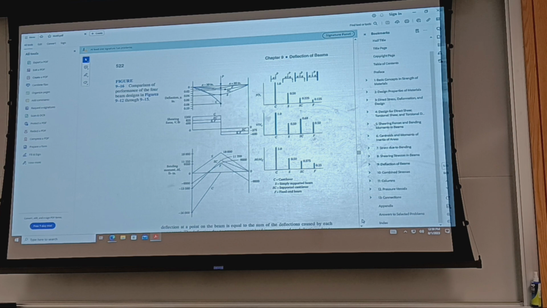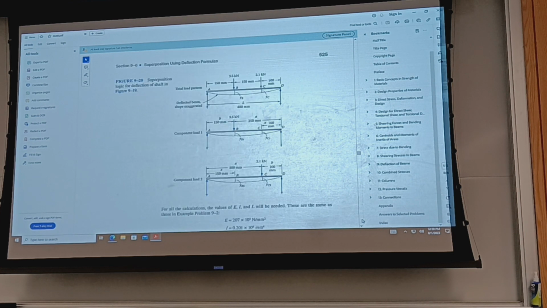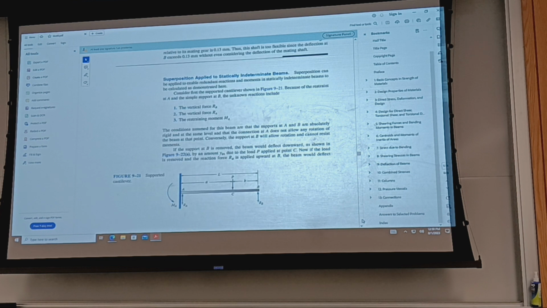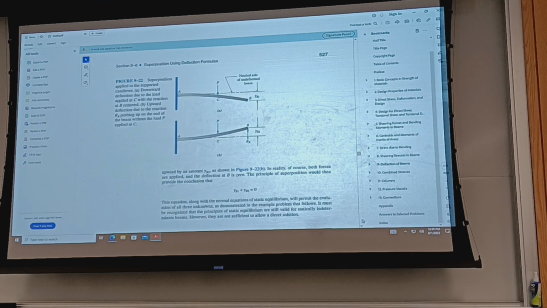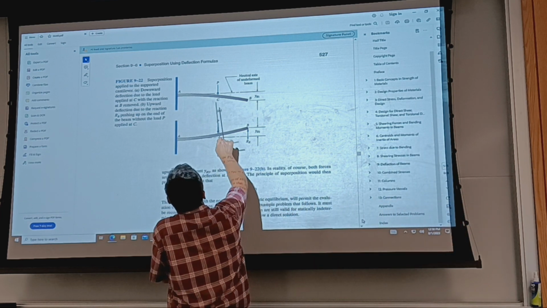Okay. And then for superposition, examples were shown of how you can analyze statically indeterminate beams. The same that I was telling you about with reference to the appendices. So you take an overlap of two cases.